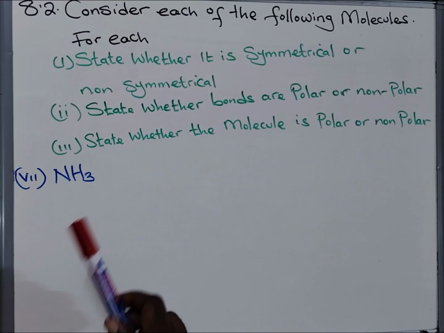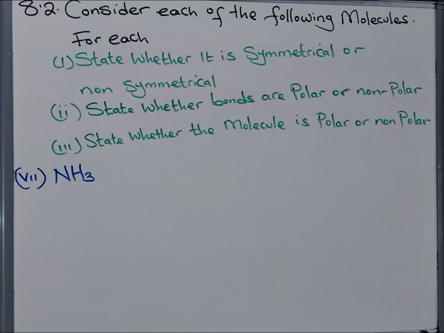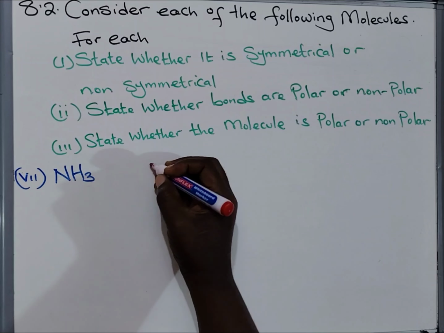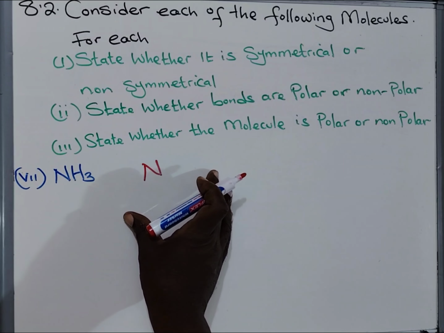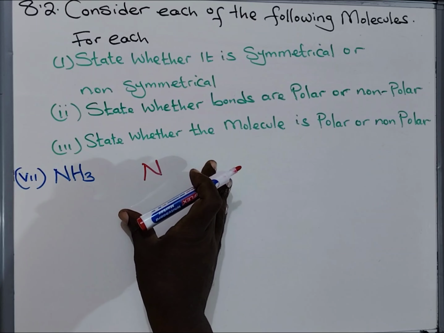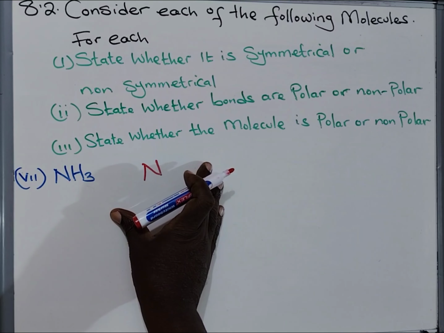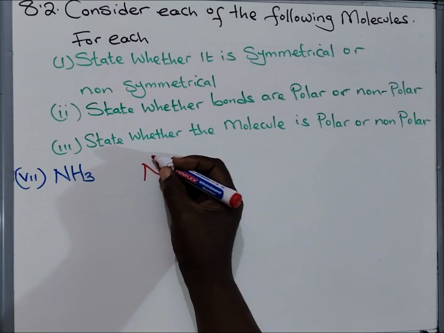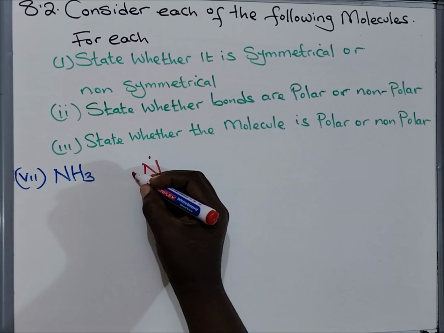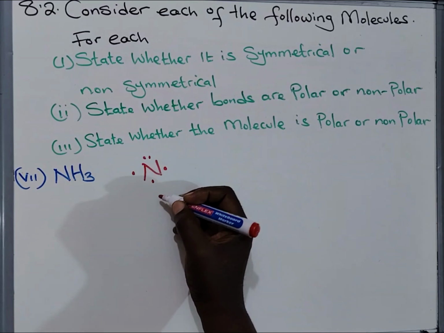Yeah, so we come to this one now, NH3, which is ammonia. Okay, what do we know about ammonia? We know the central atom is nitrogen, belonging to group 5. So with 5 electrons distribution, we have 1, 2, 3, 4, 5.